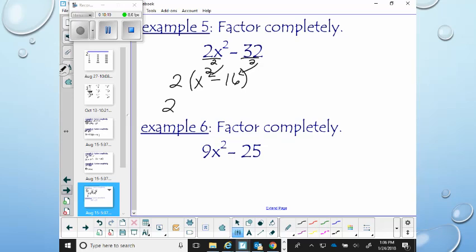It still stays outside. Don't forget about it. Set up your parentheses. One plus, one minus. What's the square root of the first term? What's the square root of x squared? Just x. What's the square root of 16? 4.